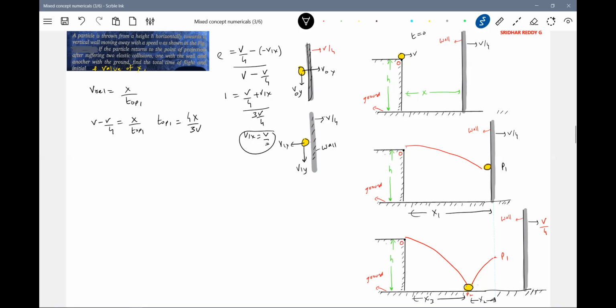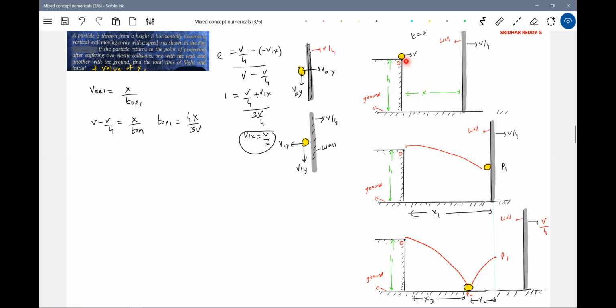Now, similarly, what is x1? Shall we define x1? The ball, what happened? The distance moved by the ball to go and collide with the wall, that is x1, not x.